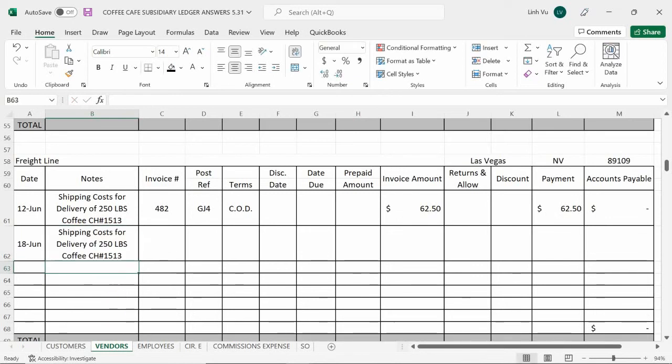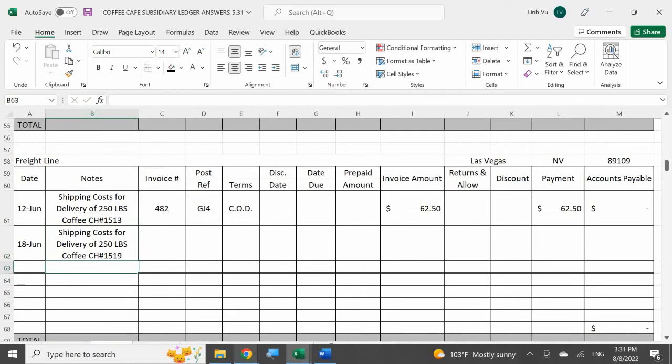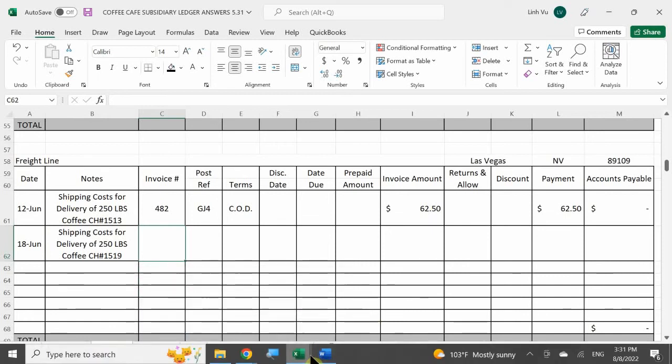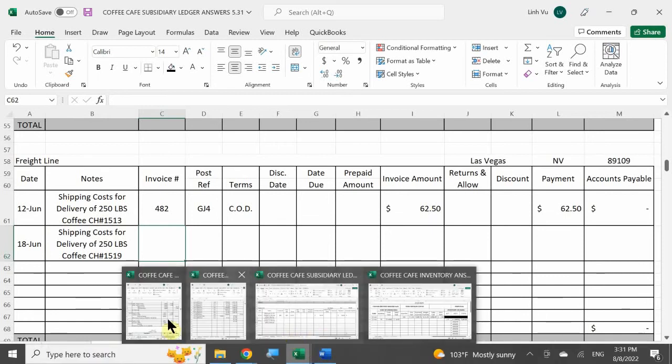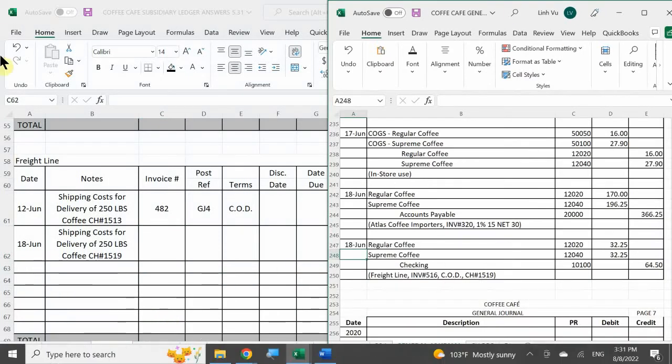Same thing as the top one, just $5.19 for the check, and it is $3.20 for the invoice. This is the freight line, so this one is actually five something. This one is 516. Yeah.